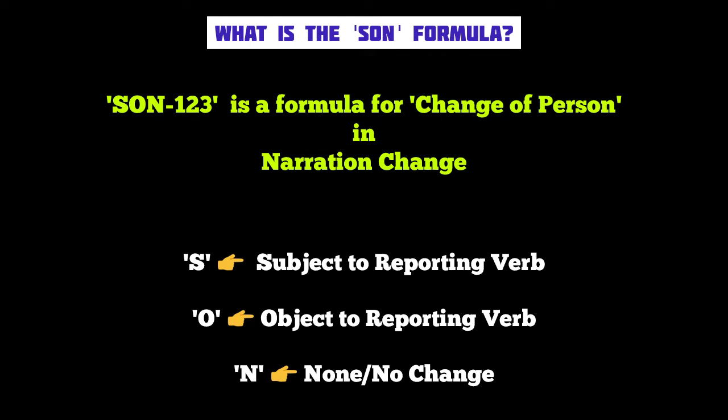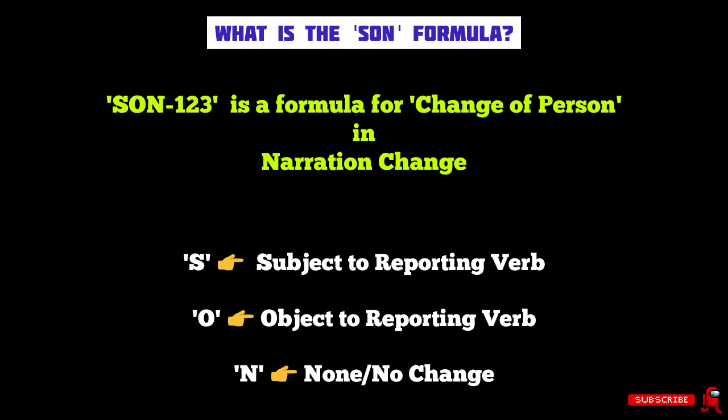Well, we know that while changing from the direct to the indirect narration, we have to change the grammatical person of the pronouns used in the direct speech or reported clause as required by the sense. So in order to make this step easier, we use the SON formula for the change of person in narration change. Now it is clear that the SON formula helps us with the rules for the change of person in narration change.